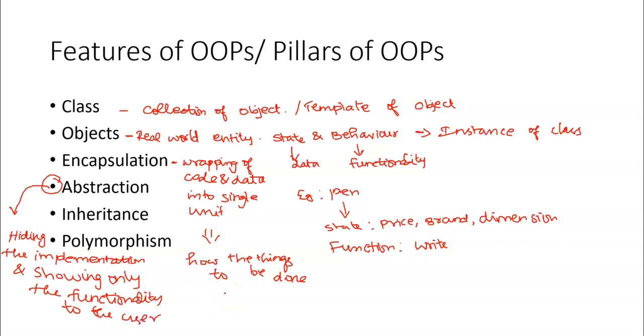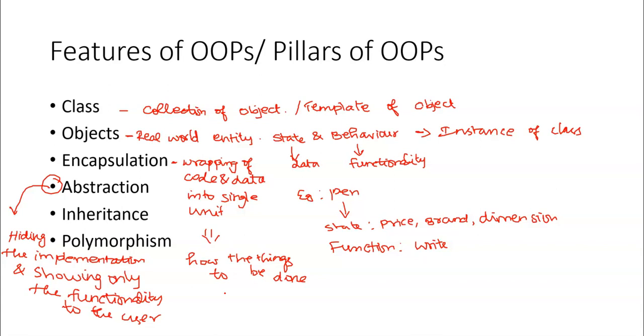It will have 4 buttons: volume plus, volume minus, channel plus, channel minus. When I click volume plus, the volume will be increased. It will not decrease the volume. Similarly, when I click the channel plus button, it will change the channel. So the functionality alone is displayed to the user. That is a remote control.